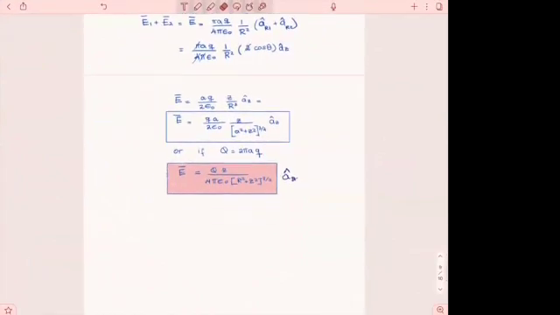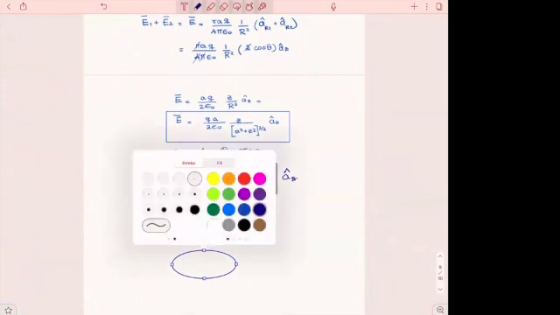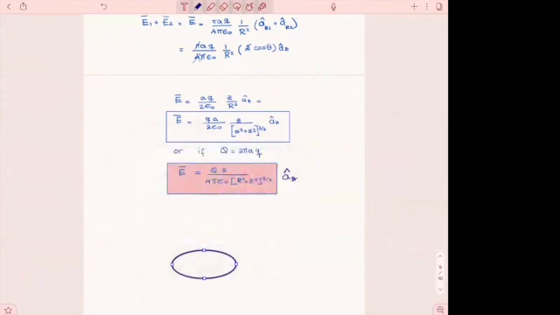If I have this charge, what this formula tells me is that if z, so I'm looking here at the center of the charge, and I'm looking along the z direction, right?